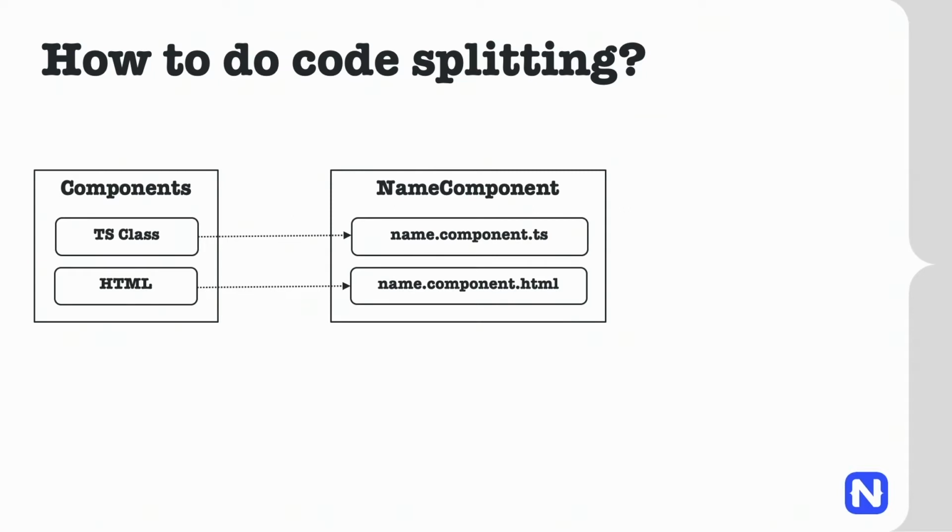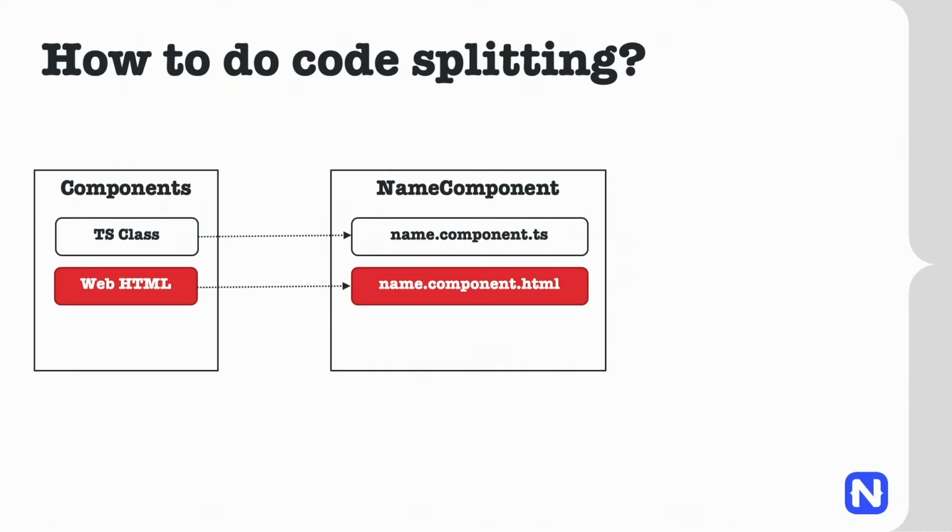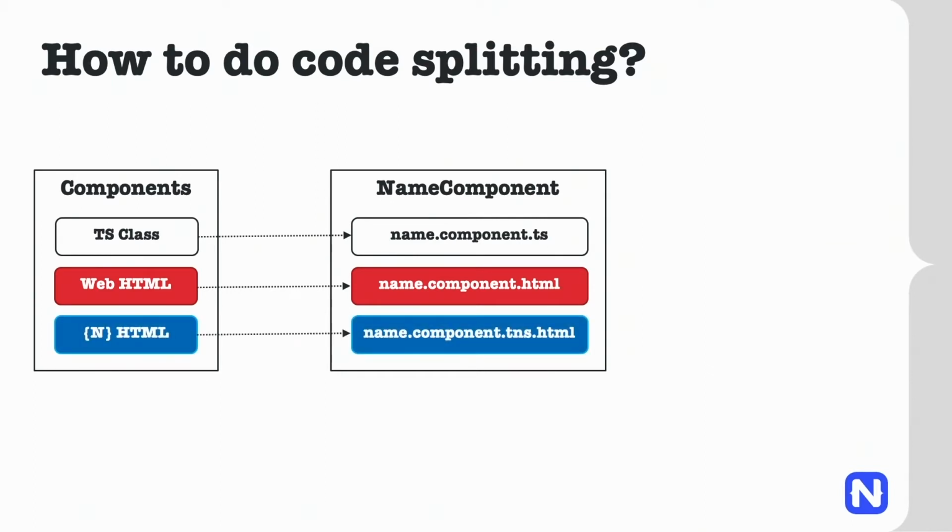And we do it basically by a naming convention. So if we, for example, take this name component, and for our web, we just have name.component.html, and then we have another file, which will be name.component.tns.html. This is basically how we say, okay, if you see .tns, that means this is going to be a mobile-specific file.